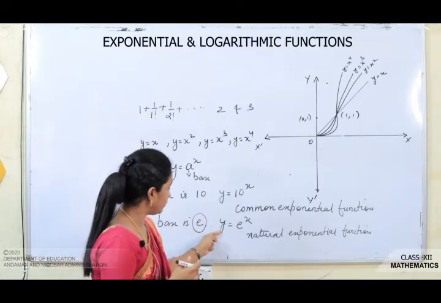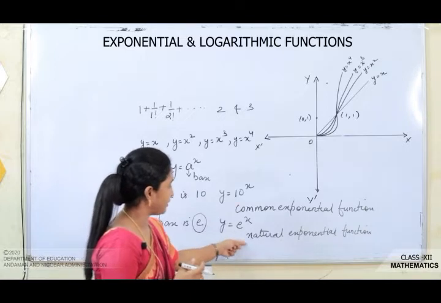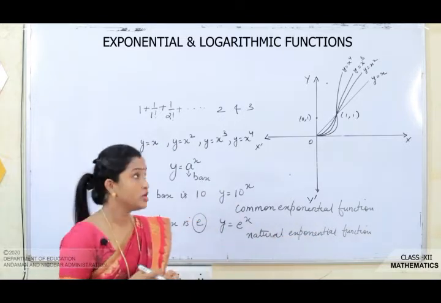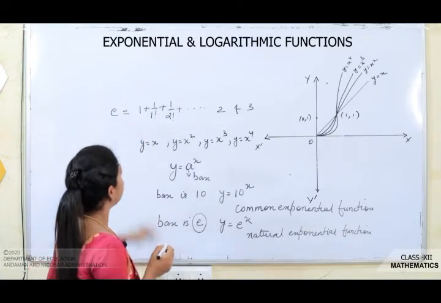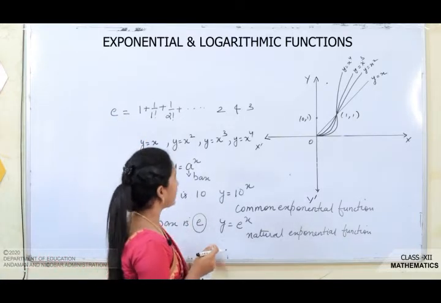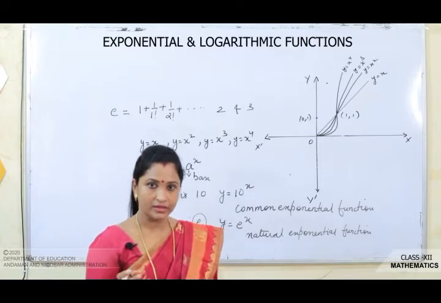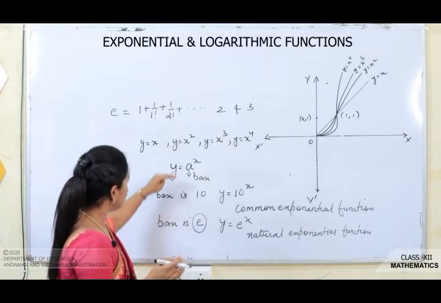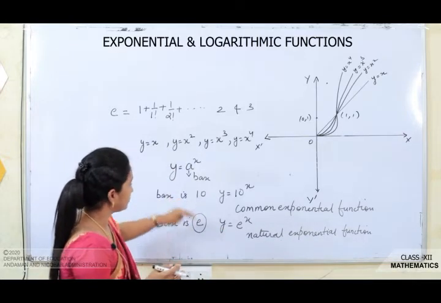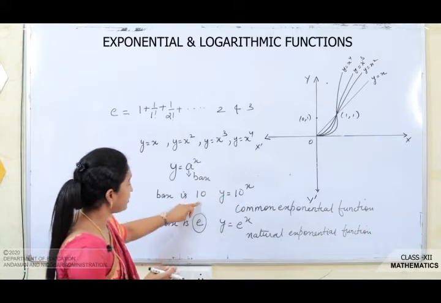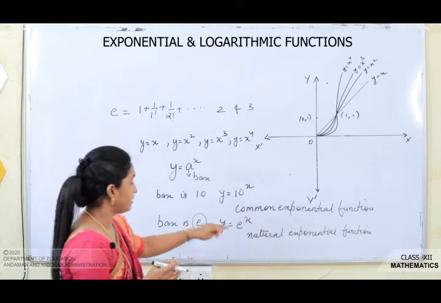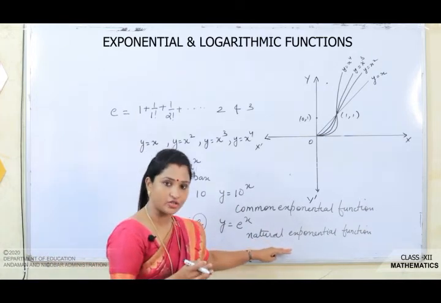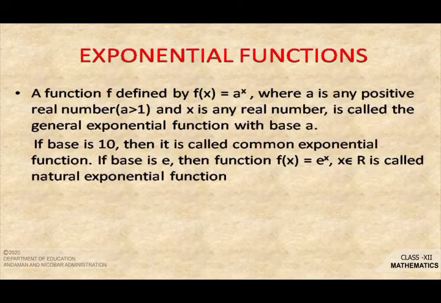When you write y is equal to e power x, it becomes your natural exponential function. So e is equal to 1 plus 1 by 1 factorial plus 1 by 2 factorial plus etc. Clear, children? So these are two very important things about the exponential function. When the base is 10, you say common exponential function, and when the base is e, it is called natural exponential function.